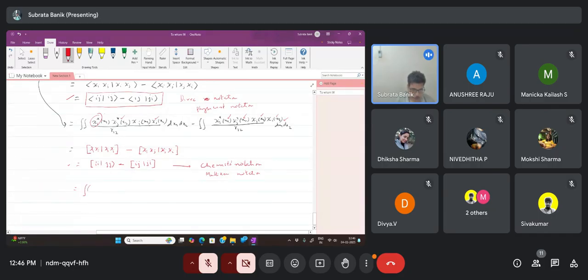So I can write double integration of chi I star x1, chi j star x2, 1 upon r12, and I write it as 1 minus p12, what p12 means, p12 acting on chi I x1.